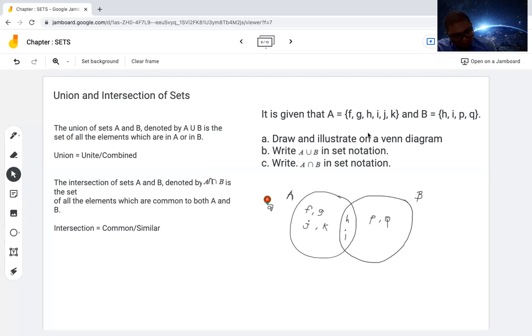Now, I want you guys to try to find the union of A and B in set notation, meaning you're going to list it. Pause this video for a while so that you will be able to test yourself if you understand that union means combining the elements of these two given sets, and that the elements cannot be repeated.